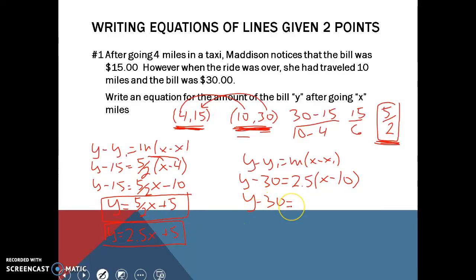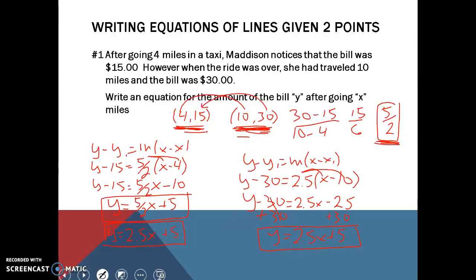If I use the distributive property, I would have 2.5 times x, and then 2.5 times negative 10 is going to be negative 25. So then I want to get my y by itself, so I'm going to add 30 to both sides. So y would equal 2.5x plus 5.